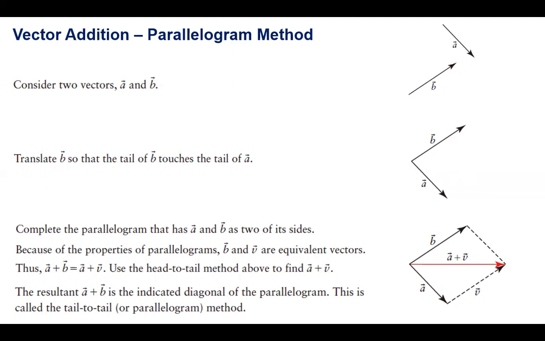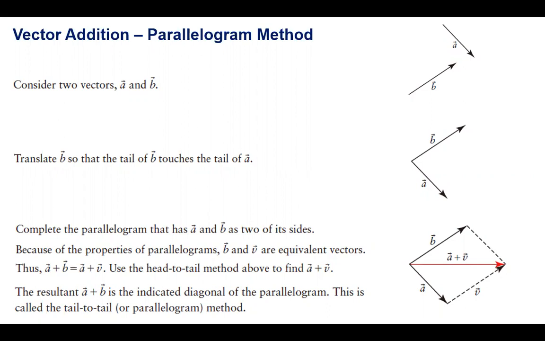Thus, vector A plus vector B equals vector A plus vector V. Use the head-to-tail method above to find vector A plus vector V. The resultant vector A plus vector B is the indicated diagonal of the parallelogram. This is called the tail-to-tail or parallelogram method.